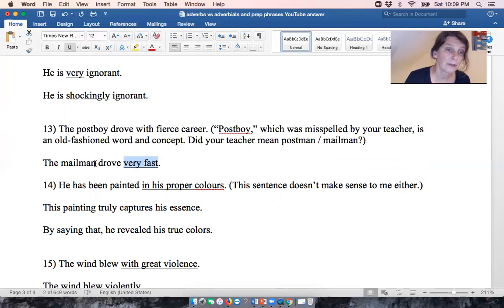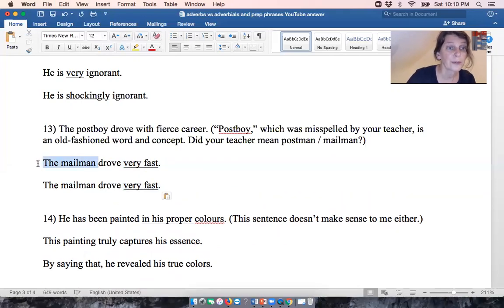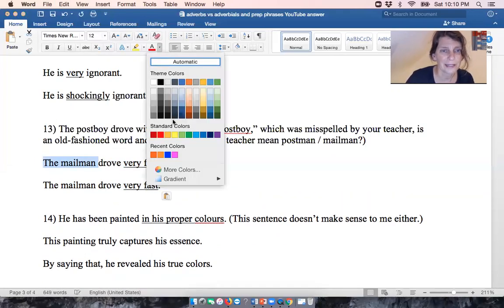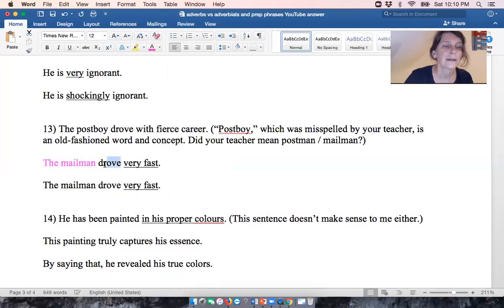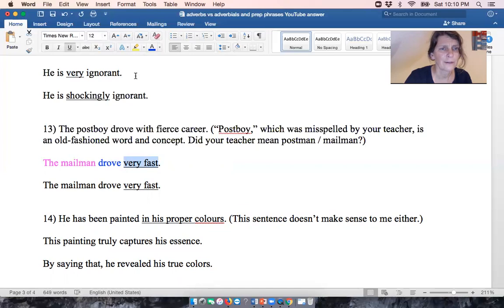And some people would, let's do this color parse quickly to show you. This is an interesting point. Some people would color parse, well, nobody color parses, that's a Frick thing, but some people would say, okay, we have our subject, the mailman, we have our verb, drove, and then we have our adverbial of manner, very fast.